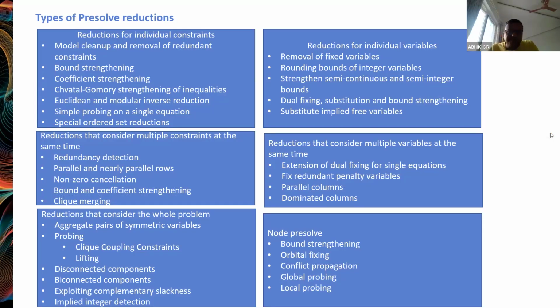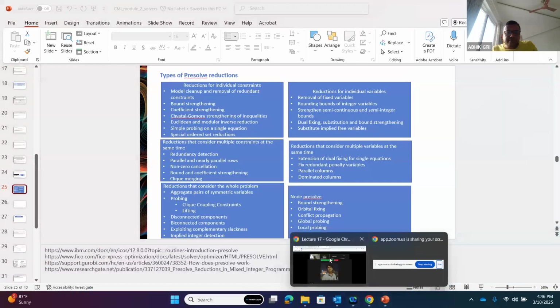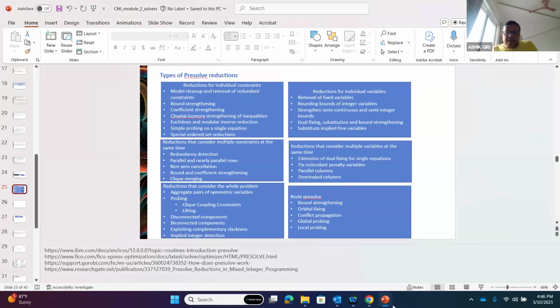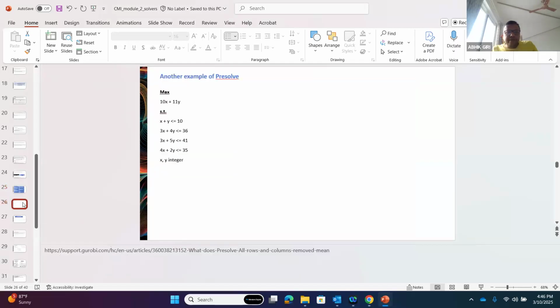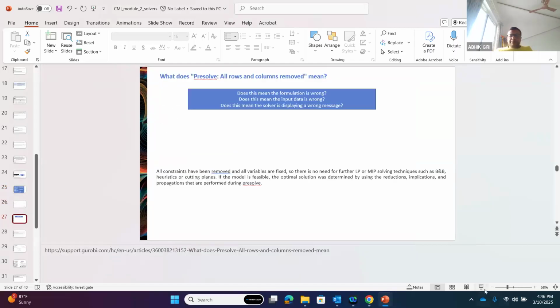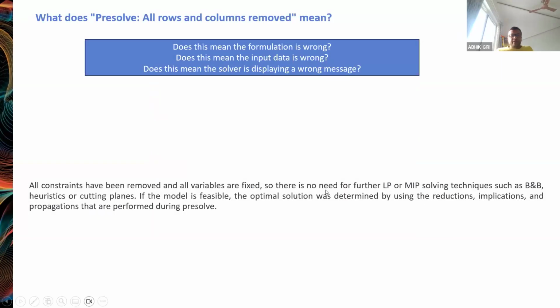If you see that pre-solve is removing all the rows and columns in a problem, it does not mean that your formulation is wrong or your input data is wrong or the solver is messing up with something. It just means that the problem is a bit trivial. That is why just by logically reducing all the constraints, tightening the bounds, removing the variables, etc., it is able to solve the problem.